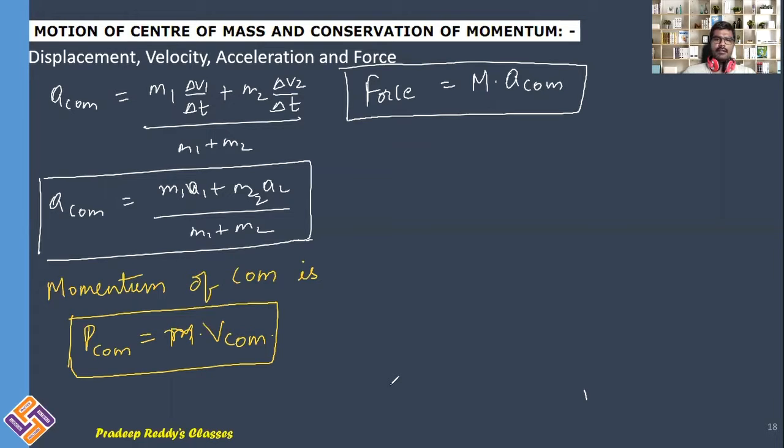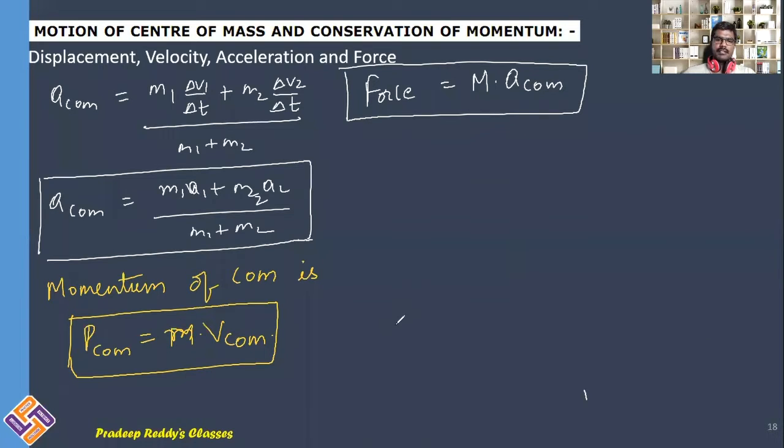Now, when a force is acting, because of that force there will be a change in the positions of the individual particles, resulting in a change in the position of the center of mass. That results in change in center of mass velocity as well as acceleration.